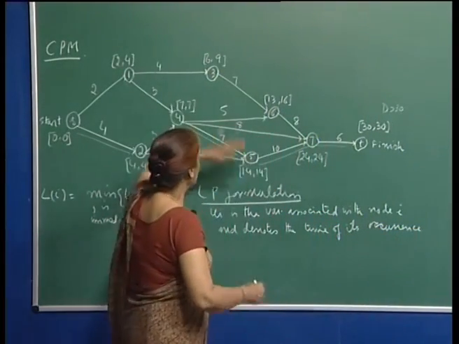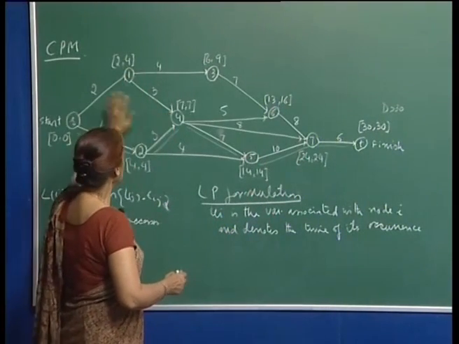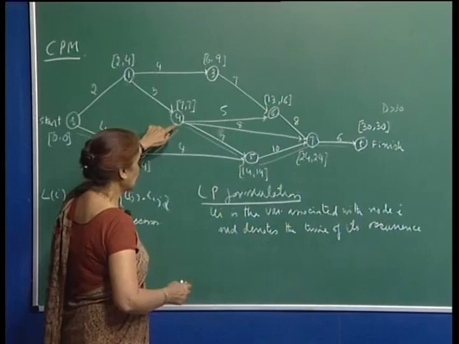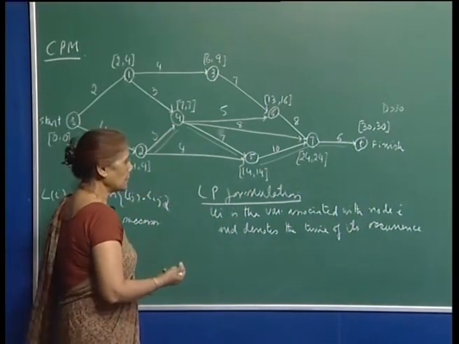That means, when will this event take place? That is, when will all these 4 activities get completed?